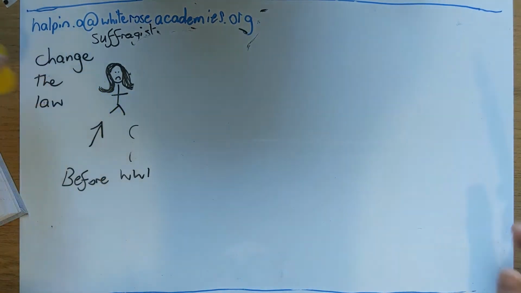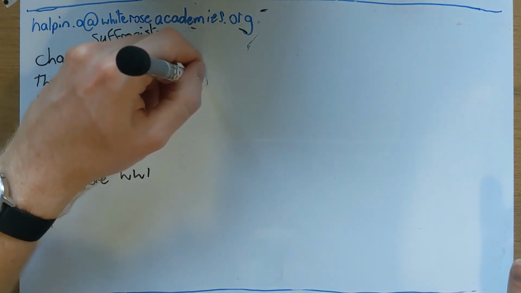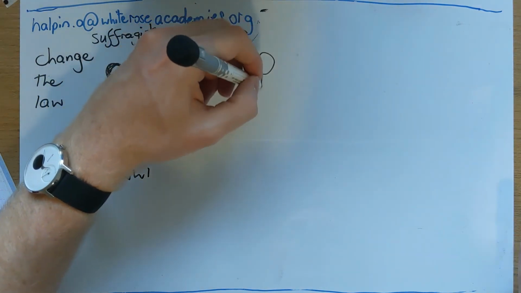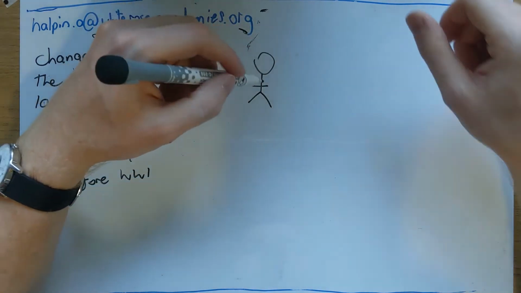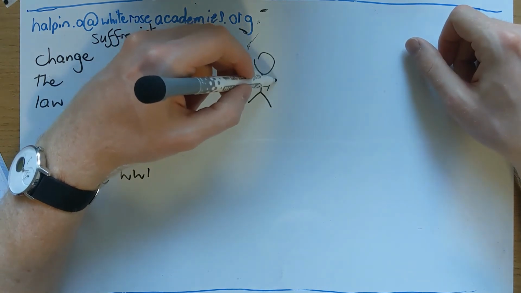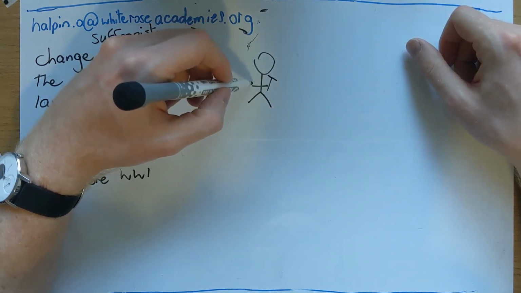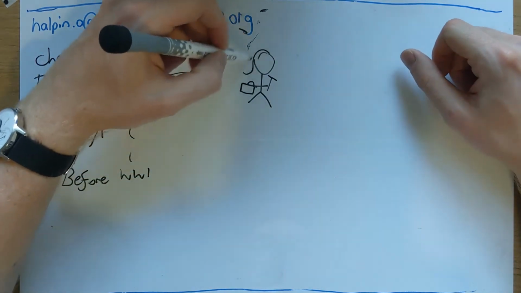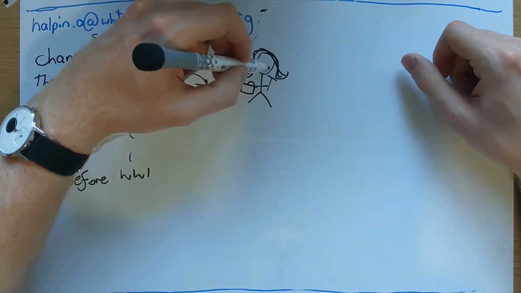What we are going to do instead is we're going to help out. We're going to go to work and we are going to help out. So this is someone with a hammer, a lunchbox because they're off to work.